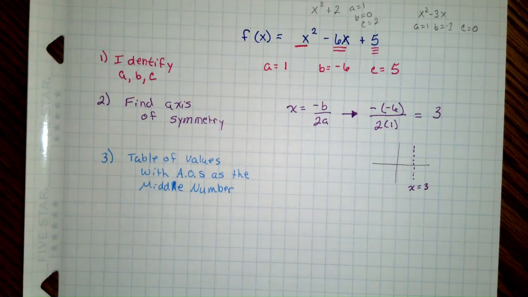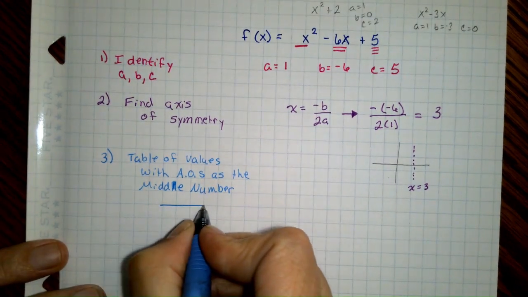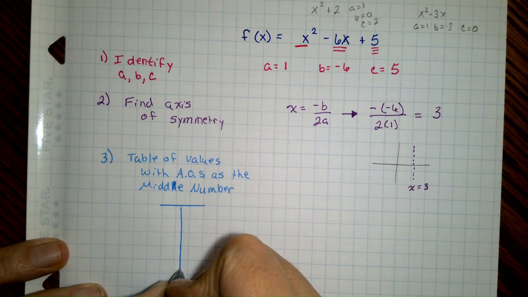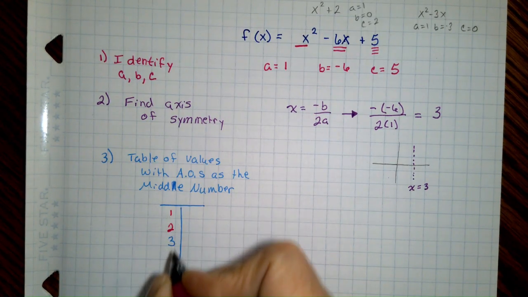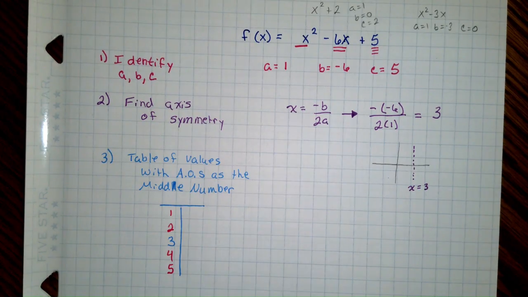Okay. There's that axis of symmetry. That's our middle number. So we need to pick some numbers lower and higher. So 3, 2, 1. We're just going to grab our calculator.